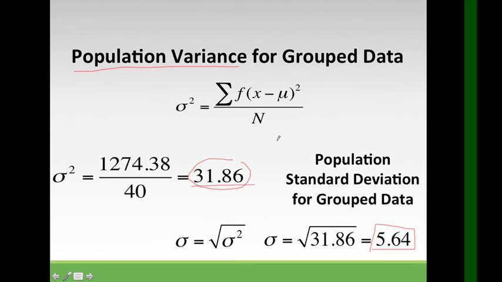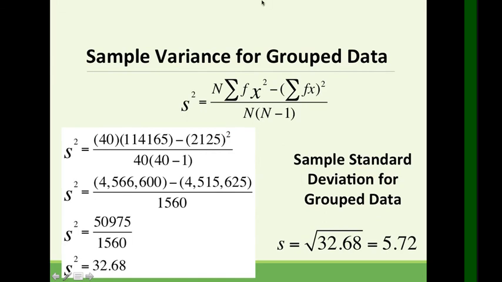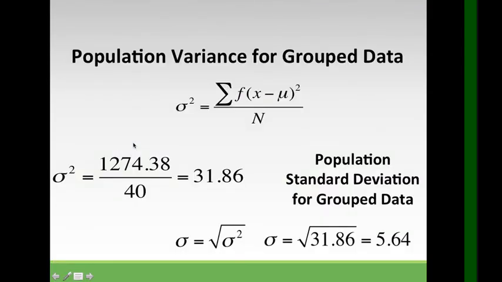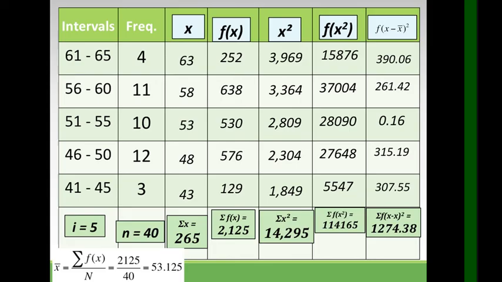So ngayon, proceed tayo sa sample. Ito yung formula kaninang pinakita ko sa sample. S squared equals n summation of f of x squared minus quantity summation of f of x squared over n quantity n minus 1. Okay, for this one, meron tayong 40 for the n, and then yung summation of f of x squared, kung babalikan natin yung PowerPoint, summation of f of x squared, ayan, is 114,165.